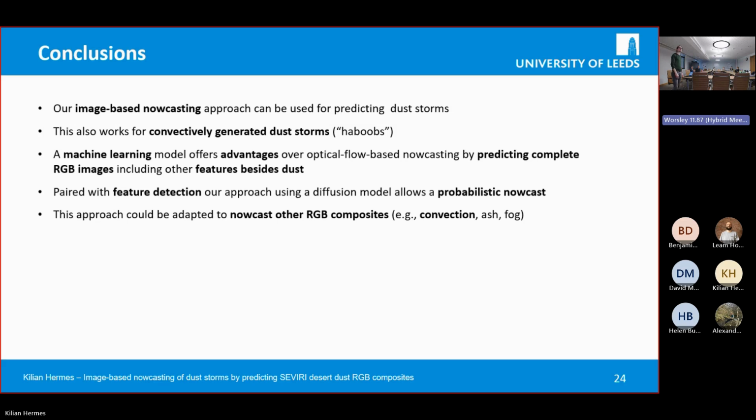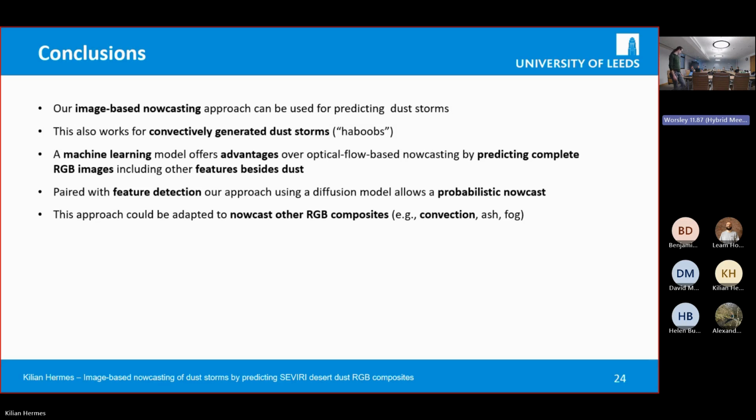It works for these convectively generated dust storms, which I've shown you in the beginning, which are commonly missed by the conventional numerical weather prediction. And it offers advantages by predicting complete images, including features besides dust, so most notably convective systems.